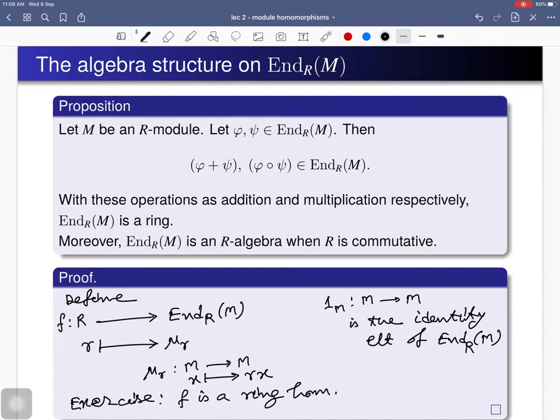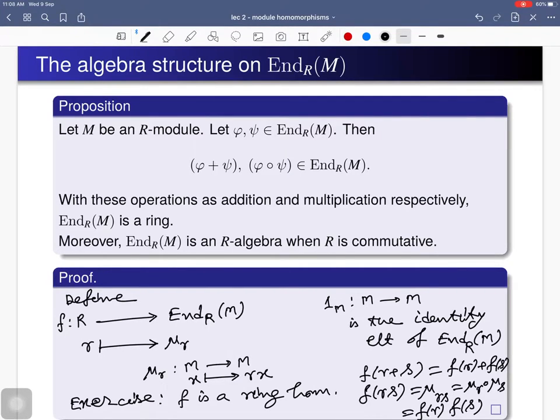So you can verify that it preserves both addition and multiplication. So f of r times s is just mu of rs, and this is the same as mu of r composed with mu of s. So this is the same as f of r times f of s.